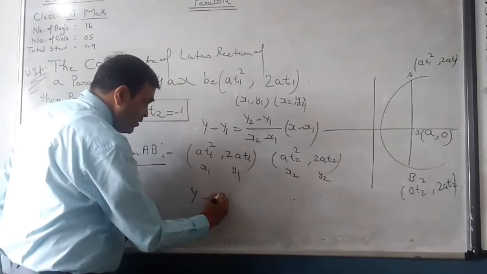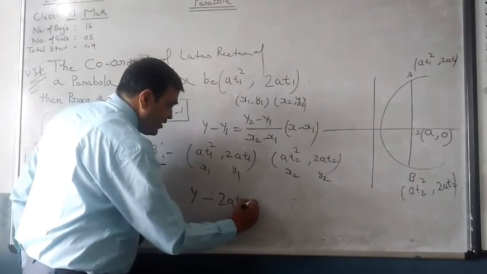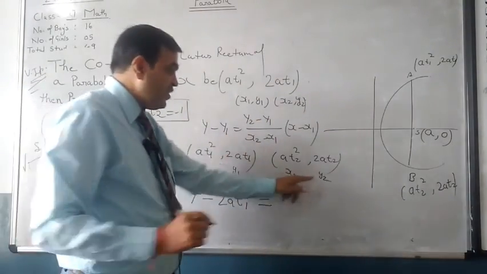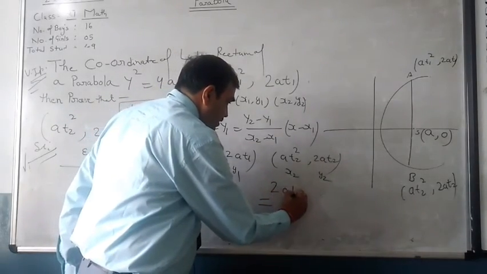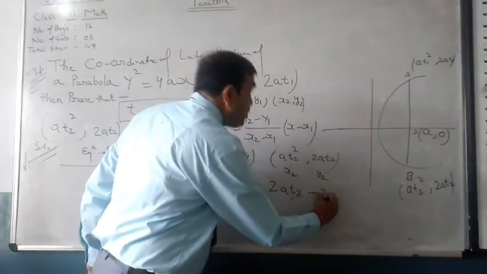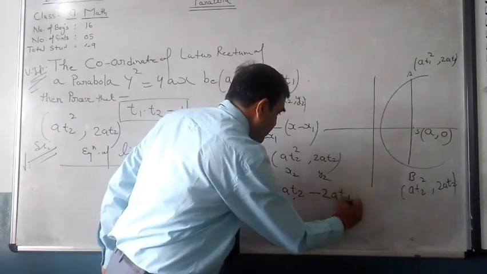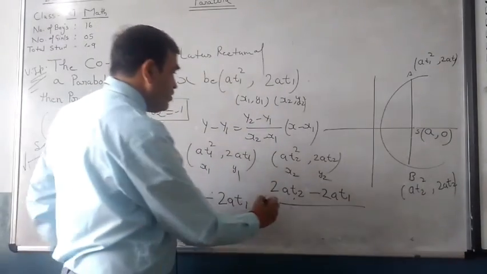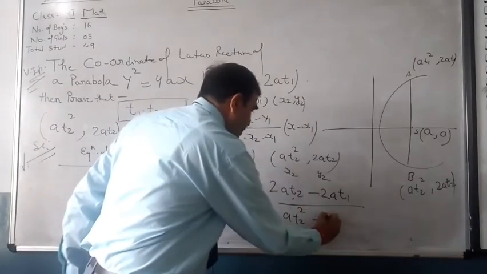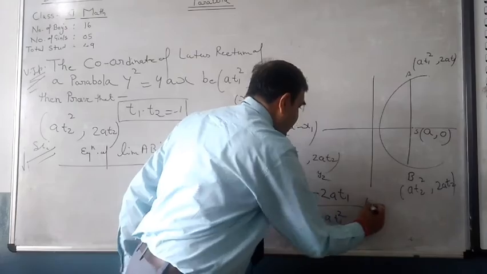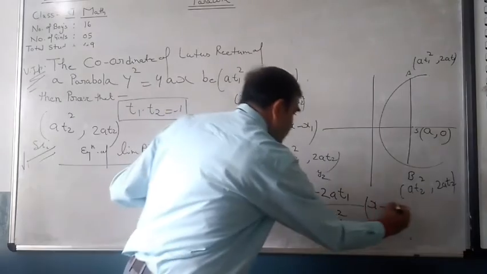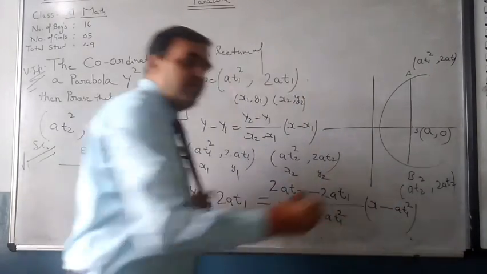So put here y minus 2a t1 equals y2 minus y1, where y2 is 2a t2 and y1 is 2a t1, divided by x2, which is a t2 square, minus x1, a t1 square, in bracket x minus x1, and x1 is given as a t1 square.